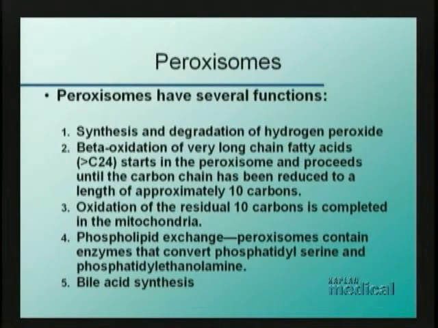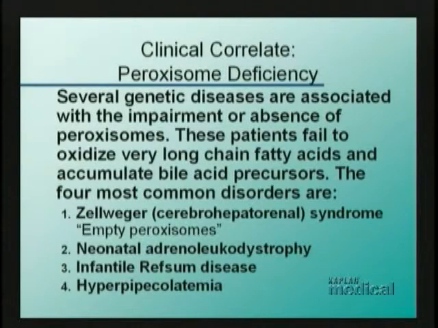Peroxisomes, in addition to being involved in the metabolism of hydrogen peroxide, are also involved in the oxidation of long-chain fatty acids, the oxidation of residual carbons in the mitochondria, phospholipid exchange, and elements of bile acid synthesis. There are a number of genetic-based diseases associated with impairment or absence of peroxisomal enzymes. Again, you'll hear about many of these in pathology.